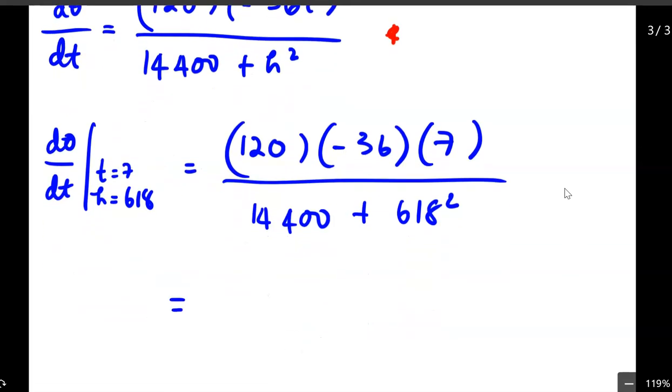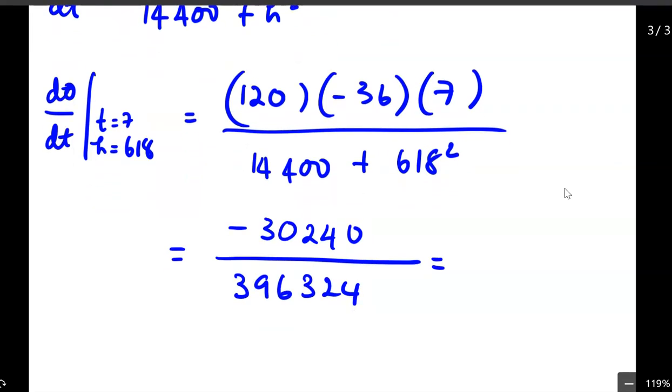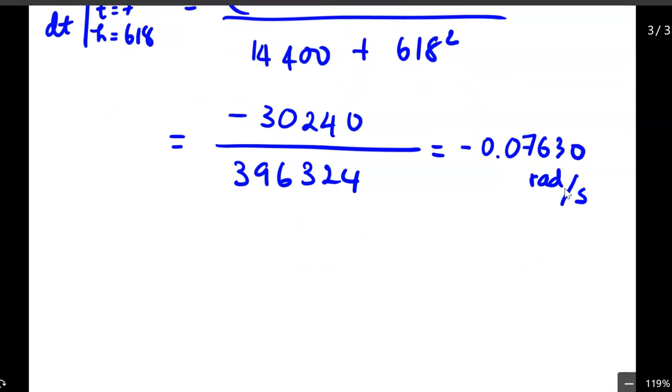So doing all of this calculation, I should have this value. In this case, the answer will be negative 0.07630 radian per second. Don't forget it's radian per second.